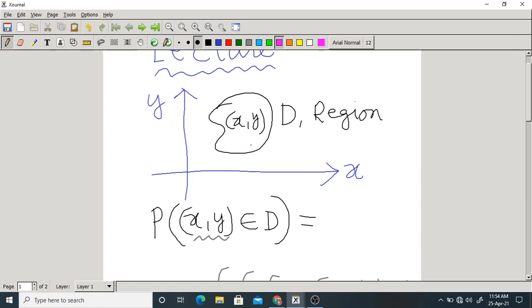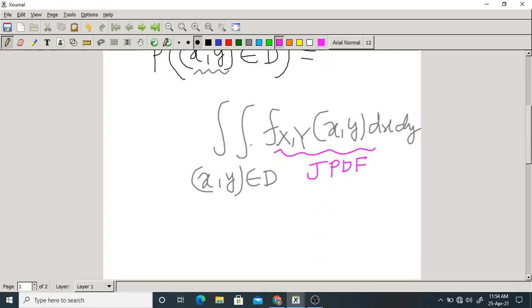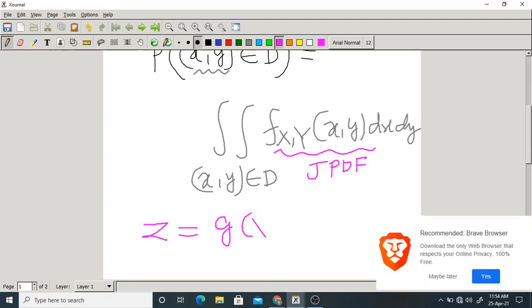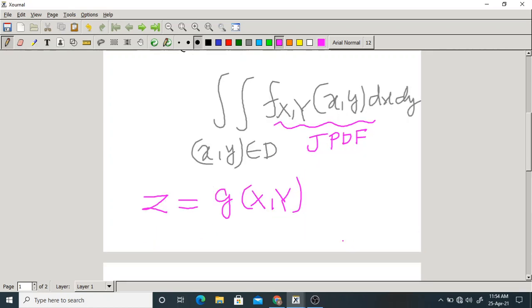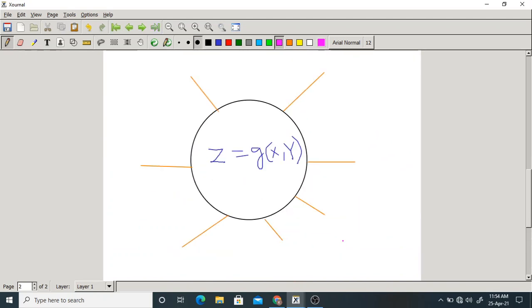Just now I told you that z is a function of two random variables. Now we deal with some classic problems, like z can be x plus y, it can be x minus y, or it can be x by y.